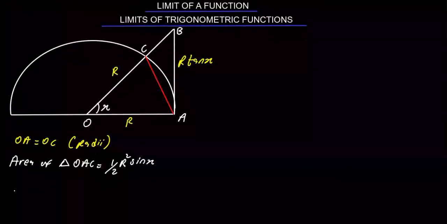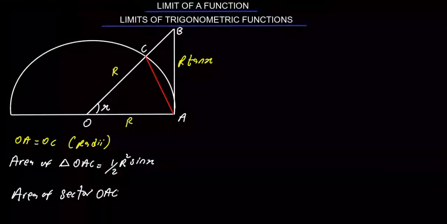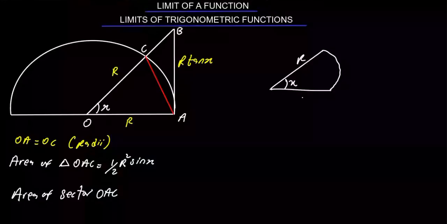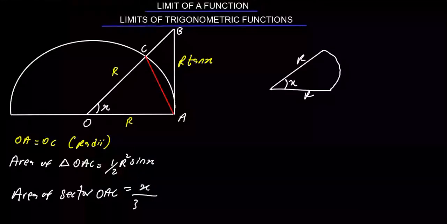So let's look at the area of sector OAC. A sector, for some of us that don't know, let me draw it the way we have it here. So this is a sector, this is X and these are the sides. So what's the area of sector OAC? The area of a sector is theta over 360 times pi r squared. So my theta is X, over 360 times pi r squared.